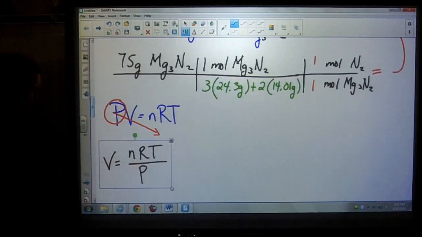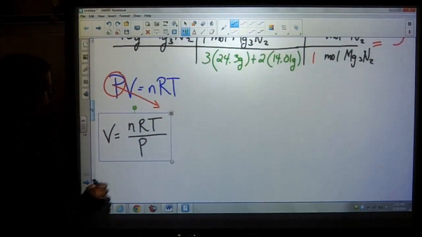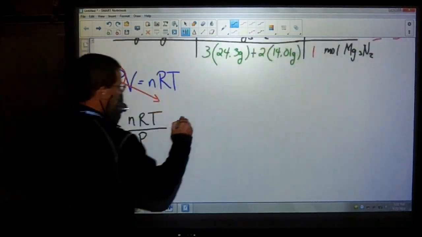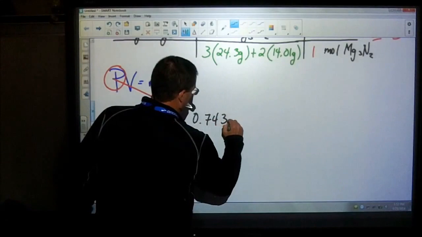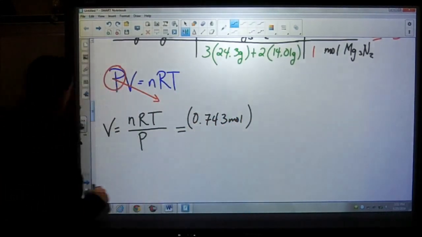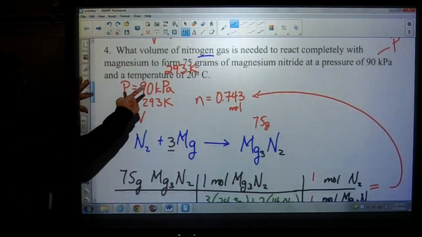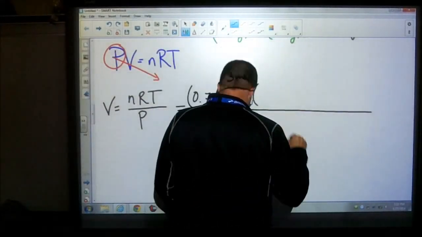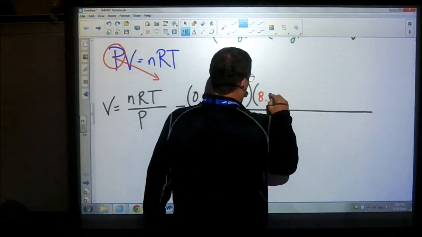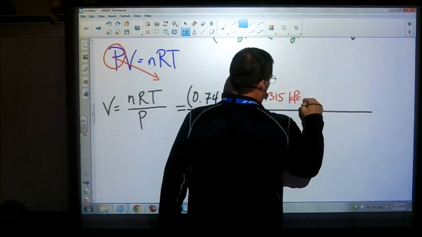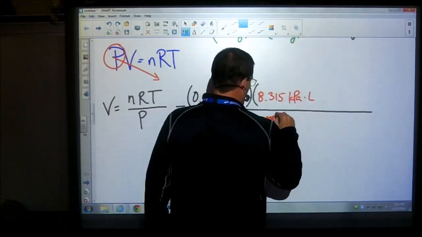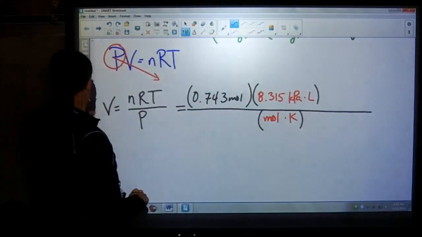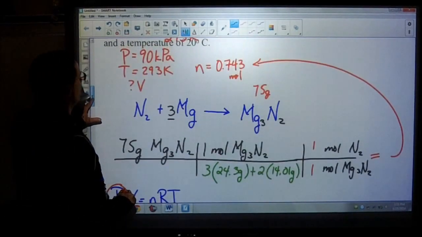My number of moles I just found is 0.743. My R is in kilopascals, so we use 8.315 kPa·L/(mol·K). Temperature? What was the temperature again? It was 293.